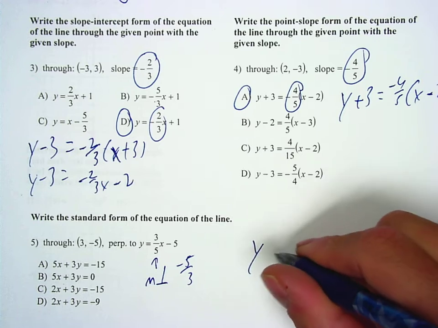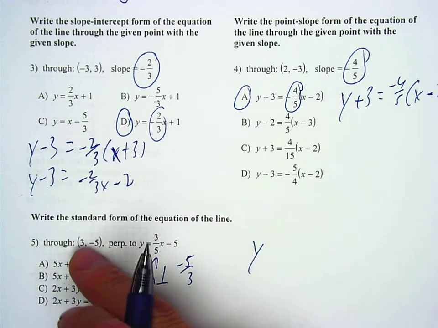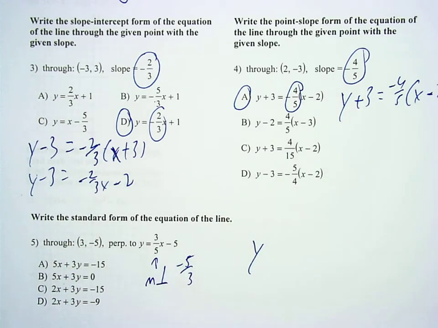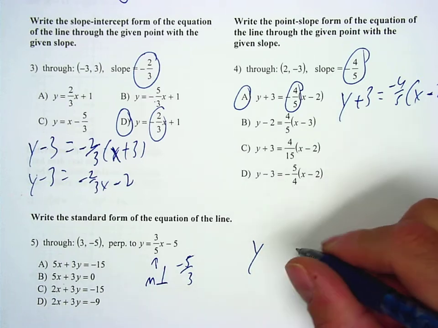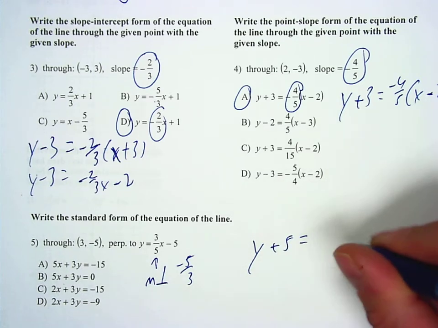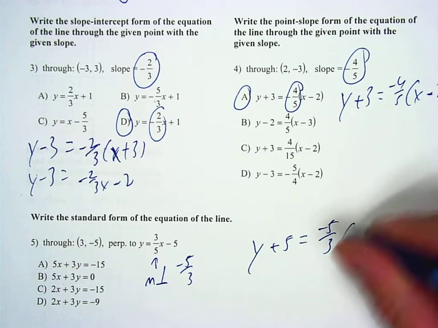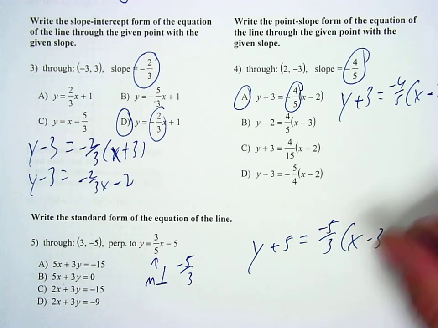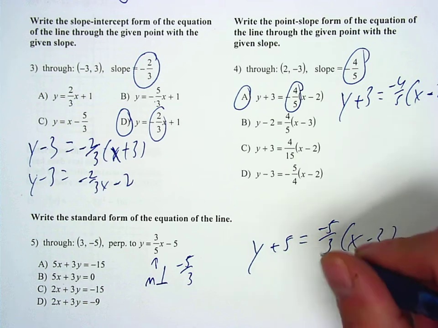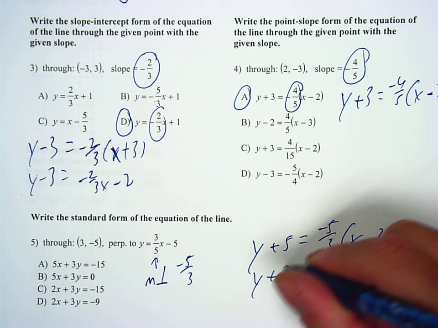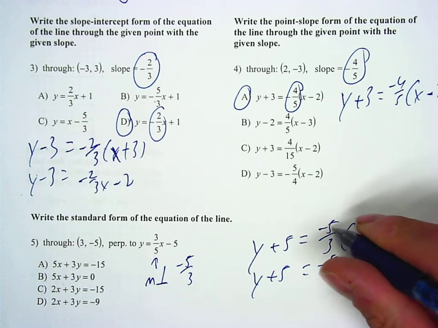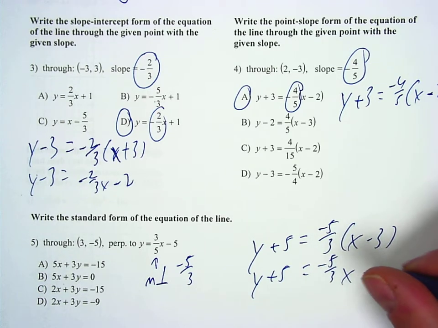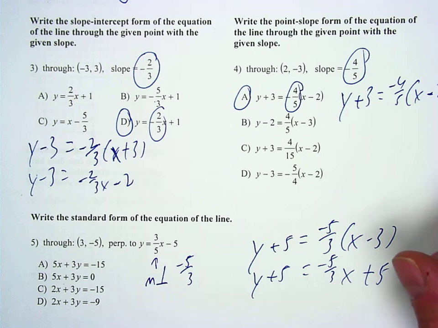So I'll start off in point slope form because that's what I was given. I was given a point and I was given a perpendicular slope actually. So I'll have y plus 5 equals -5/3 times the quantity x minus 3. I'll distribute the 5/3 through the parentheses, so y plus 5 equals -5/3 x. The 3's there will cancel, plus 5.